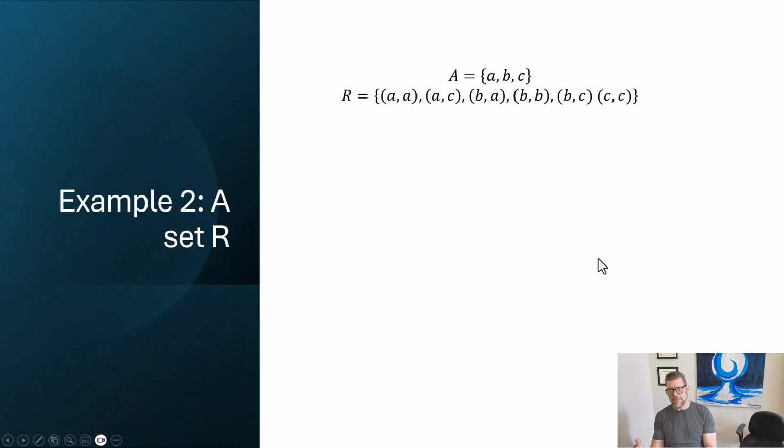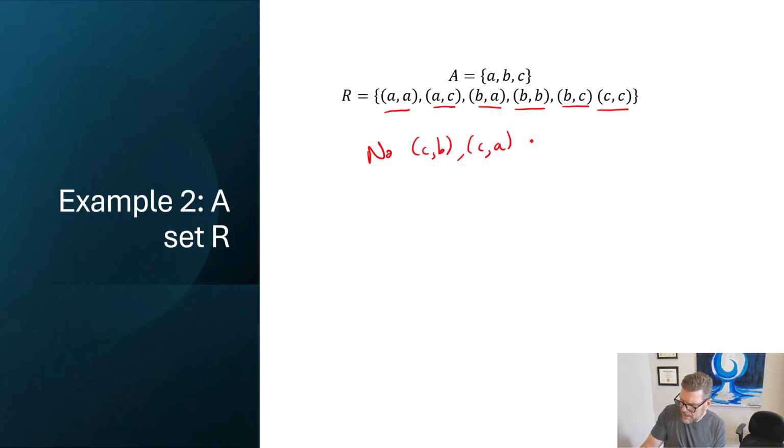Look at another example. Let's say we have this set R. It's got (A, A), (A, C), (B, A), (B, B), (B, C), and (C, C). One, we notice that we have our reflexive elements: (A, A), (B, B), (C, C). Other than those reflexive elements, we've got (A, C), (B, A), and (B, C). Notice no (C, B), no (C, A), and no (A, B). We don't have any of those relationships, so that's antisymmetric.